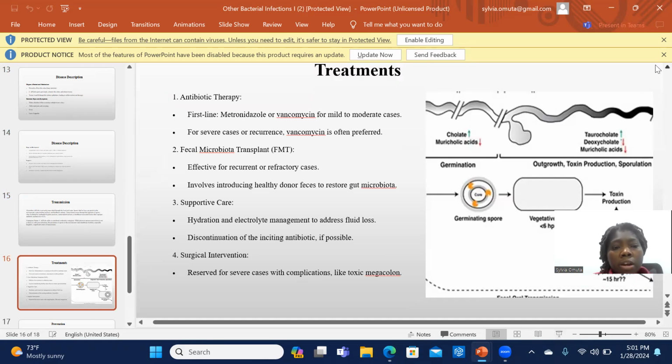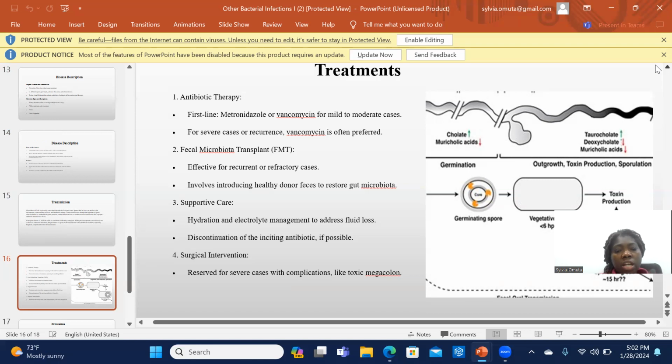Treatment. Antibiotic therapy: first-line metronidazole or vancomycin for mild to moderate cases. For severe cases or recurrence, vancomycin is often preferred. Fecal microbiota transplant: effective for recurrent or refractory cases, involving introducing healthy donor feces to restore gut microbiota.